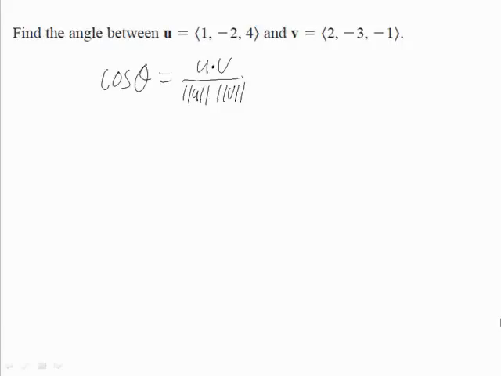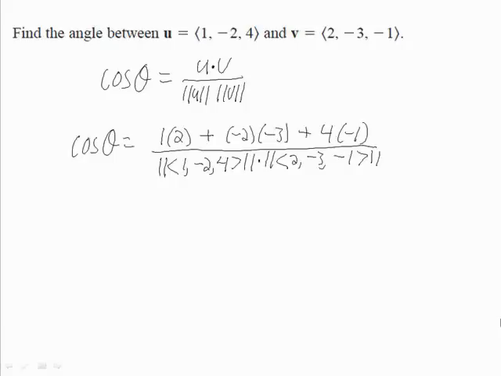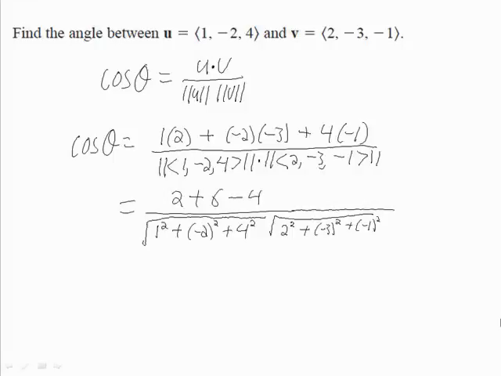-3 plus 4 times -1 divided by the quantity, the magnitude of the vector 1, -2, 4 times the magnitude of the vector 2, -3, -1, which is equal to the quantity 2 plus 6 minus 4 divided by the quantity, the square root of the quantity 1 squared plus -2 squared plus 4 squared times the square root of the quantity 2 squared plus -3 squared plus -1 squared, which is equal to 4 divided by the quantity, the square root of 21 times the square root of 14, which is equal to 4 divided by the square root of 294, which simplifies to 4 divided by the quantity 7 times the square root of 6.